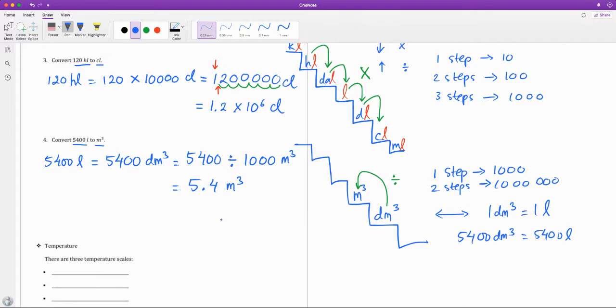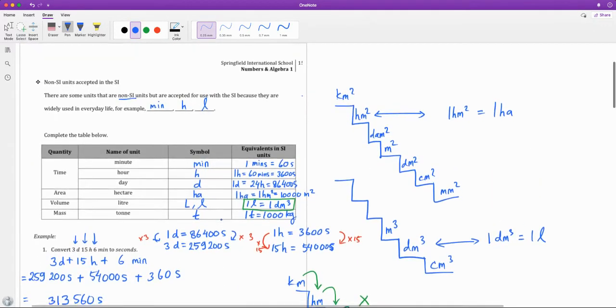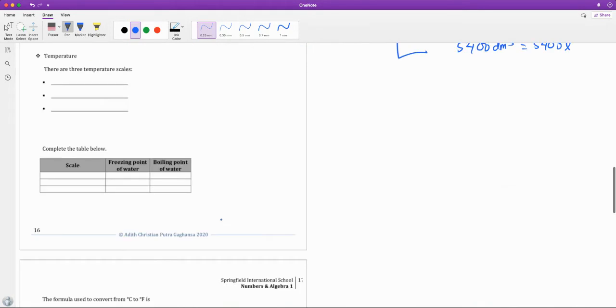That's it for the non-SI units. We also have temperature. Well, if you study physics, probably you know that there are 4 temperature scales. But for GCSE, it's just 3.